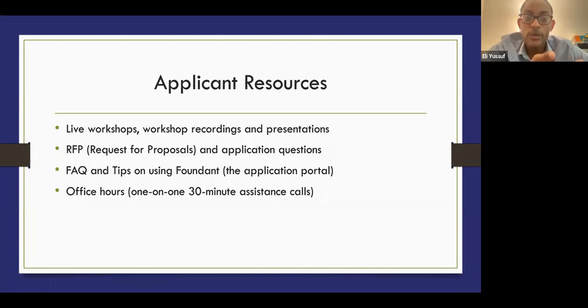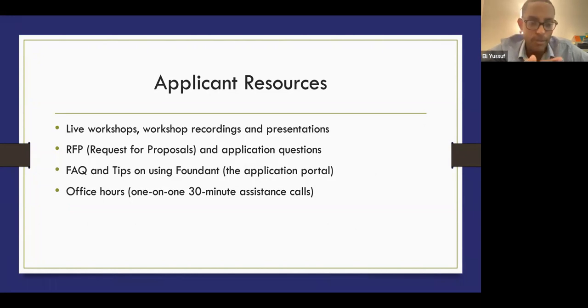Regarding Founded, we have an FAQ document we just put out there, just laying out the basic steps to accessing the application on Founded. So from creating your account, getting familiar with the website itself, being able to find applications, all of that is on our website as well. The RFP, of course, and a list of the application questions before you even access Founded, you can access that as well on our website.